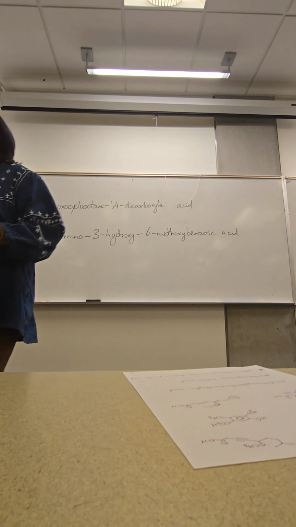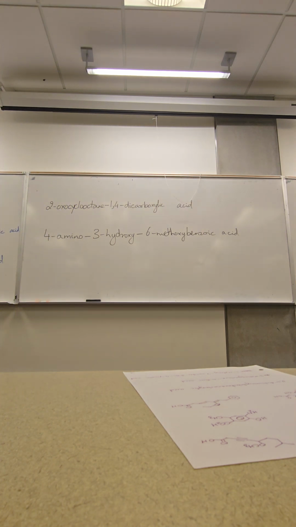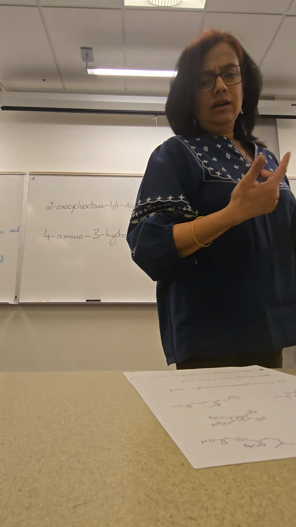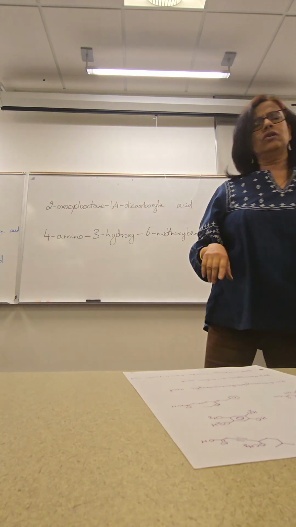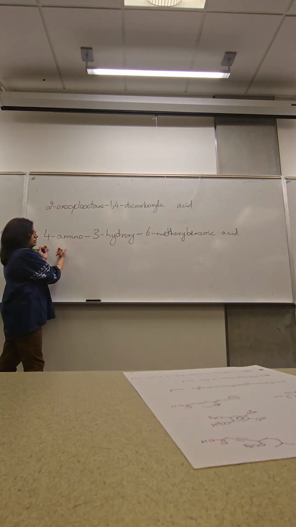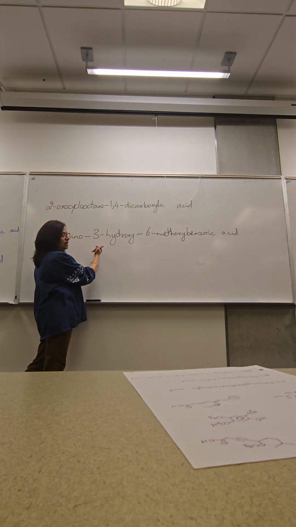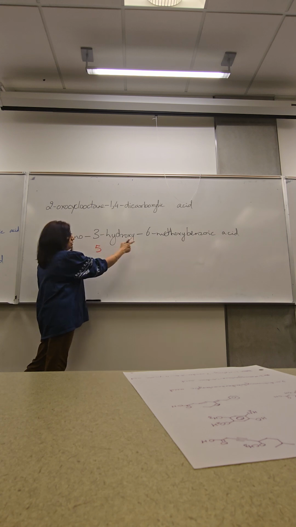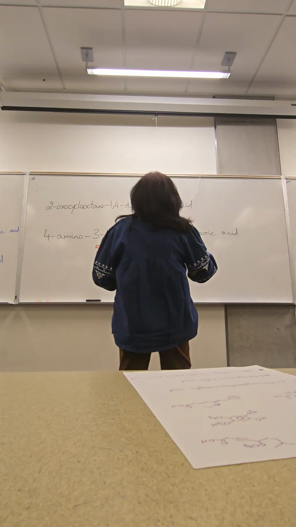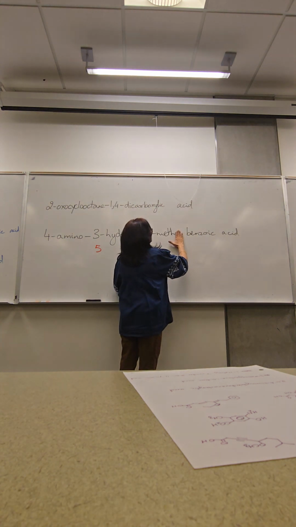Probably not. The numbering has to be the lowest combination. You numbered it in the anti-clockwise direction, right? What about if we numbered it in the clockwise direction? This would still say 4. What would hydroxy become? 5. And methyl?